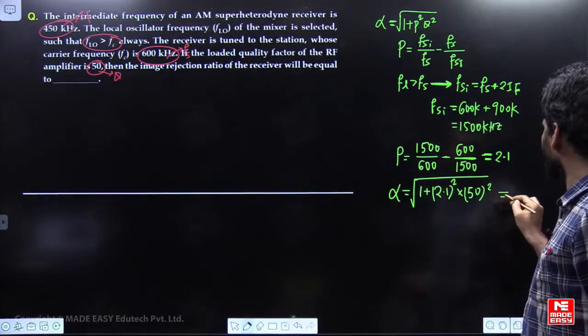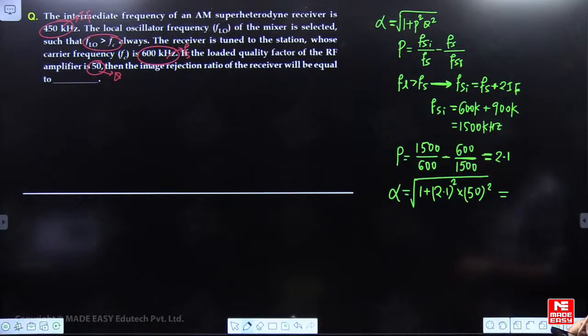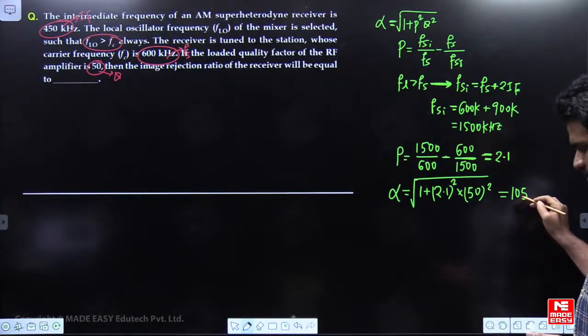This is 50 square, and this will be equal to 105.00.